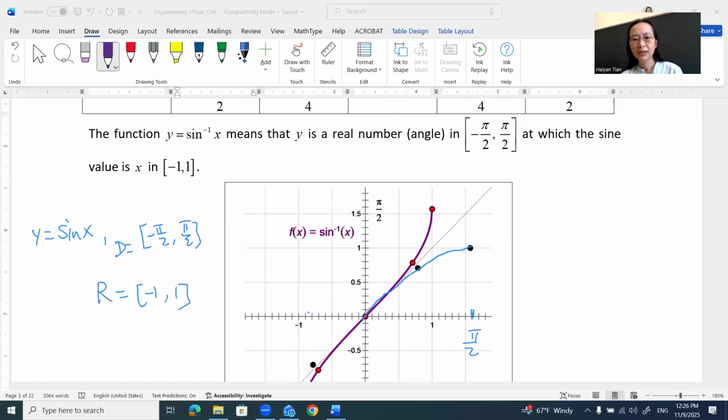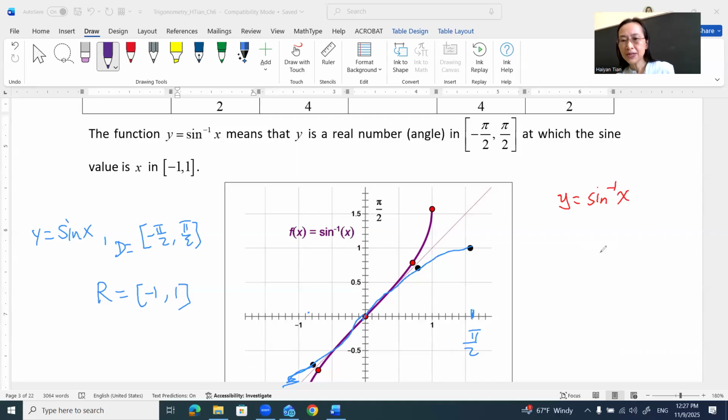And then for the sine curve, I just try to sketch 5 points on the sine curve, and after flipping, we get sine inverse. Sine inverse, let's use a different color, let's say red, because those points are showing the inverse.